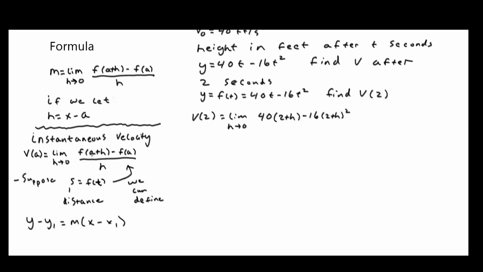We're just plugging in that a plus h into our original function. Now we need to plug in 2 into our function. So that'd be 40 times 2 minus 16 times 2 squared. And all of this is going to be over h.